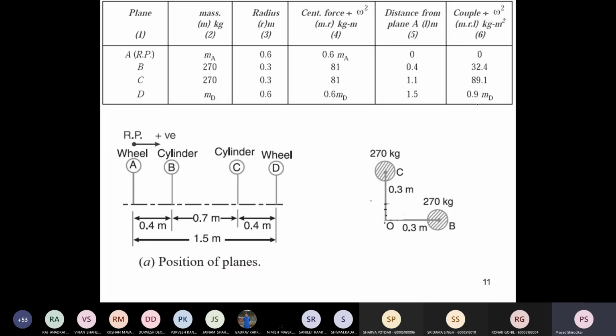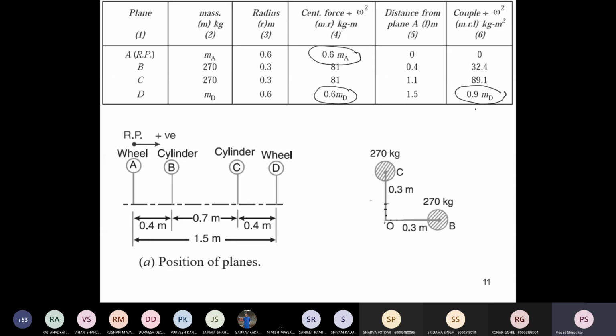All right. So the next step will be to construct the couple polygon or force polygon. So we have to decide. If you see the centrifugal force column, there are two unknowns, and the couples column has only one unknown. So obviously, you cannot start with the force polygon.